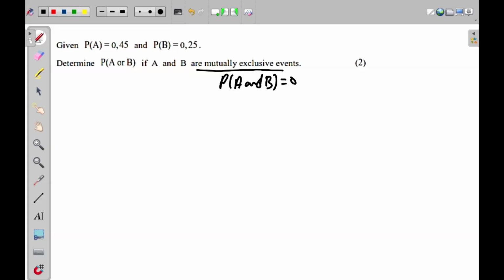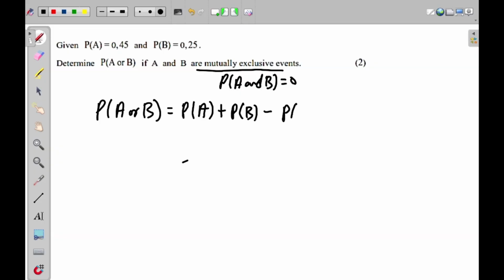Now, yesterday I introduced to you what we call the fundamental formula for probability, and we said probability of A or B generally is probability of A plus probability of B minus the probability of A and B. That's what we said.